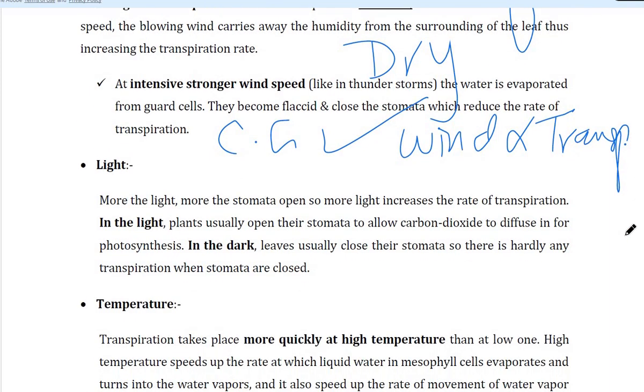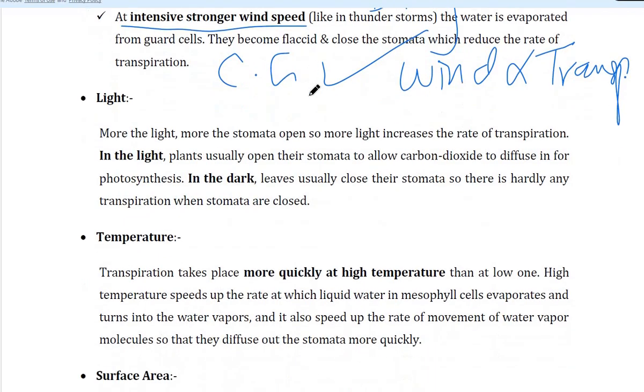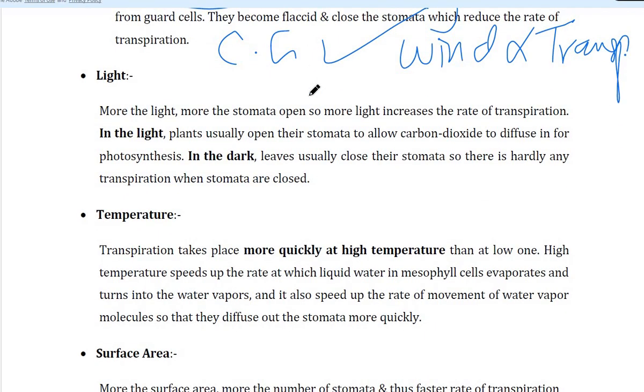But it does not happen in thunderstorms. Thunderstorms are exceptions. However, in case of light, when there is light, point number one, more photosynthesis, more water is formed. So, more transpiration. Secondly, when there is light, stomata will be open.